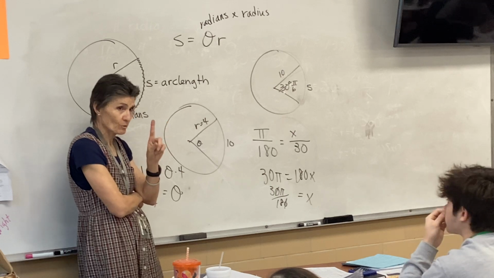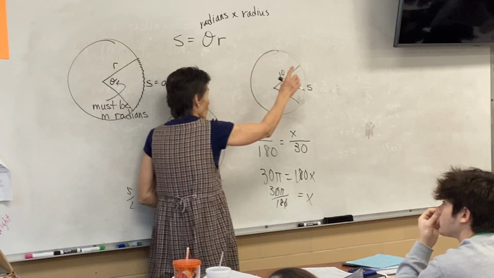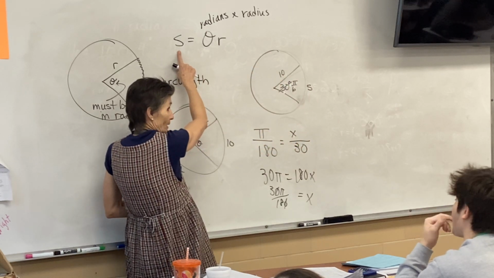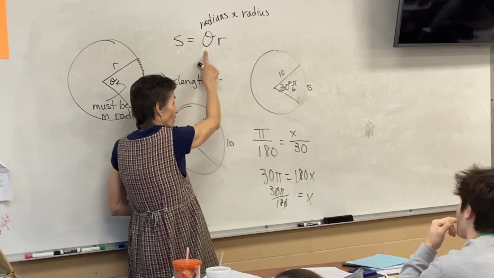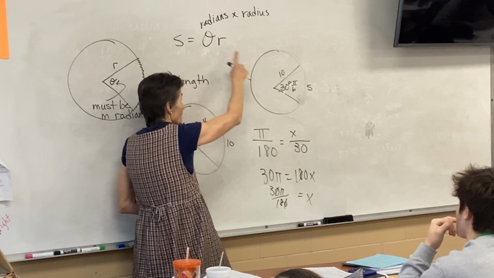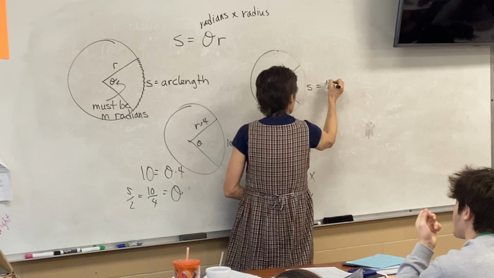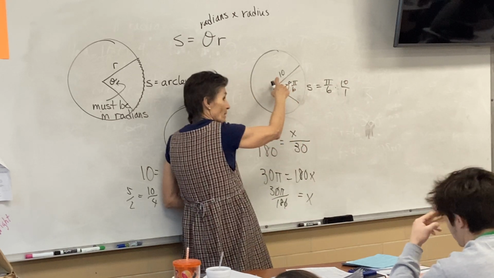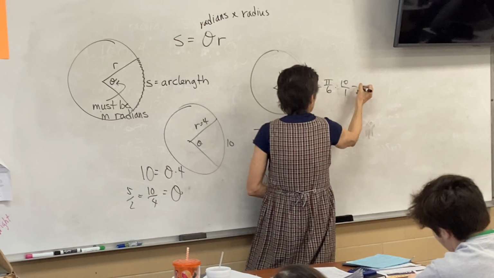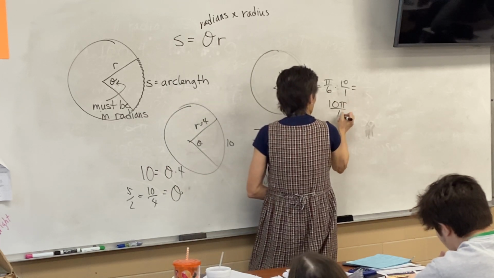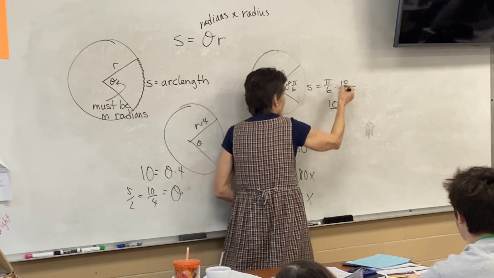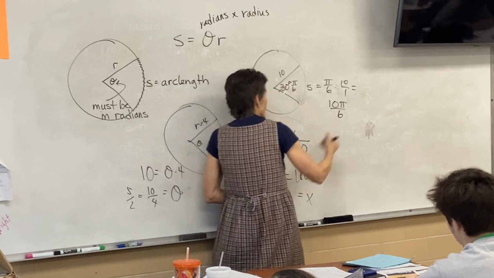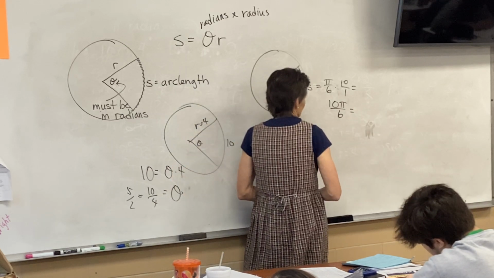That's not the answer to the question. The answer to the question is, what's the arc length? How do you find the arc length? You take your angle times your radius. So we take pi over 6 times 10 over 1. Pi over 6 times my radius, which is going to be 10 pi over 6, multiply straight across, which is going to reduce to what? 5 pi over 3.